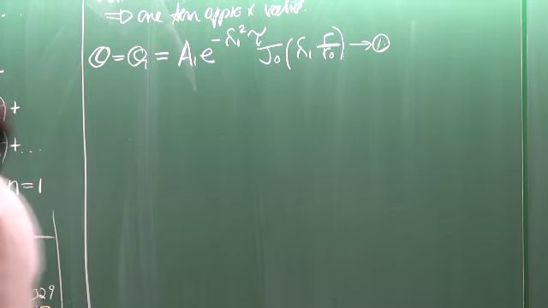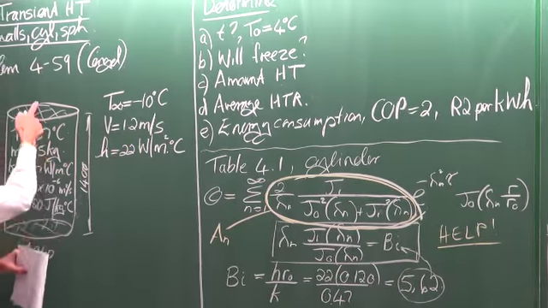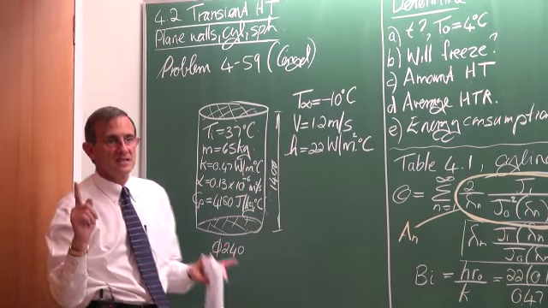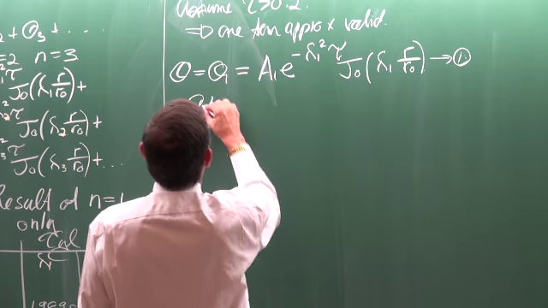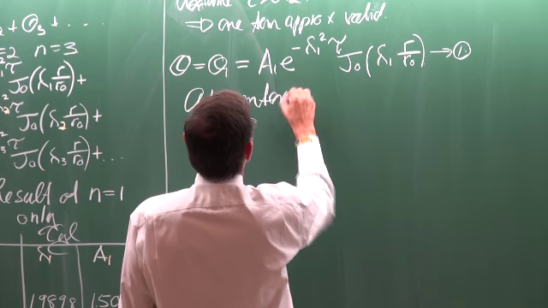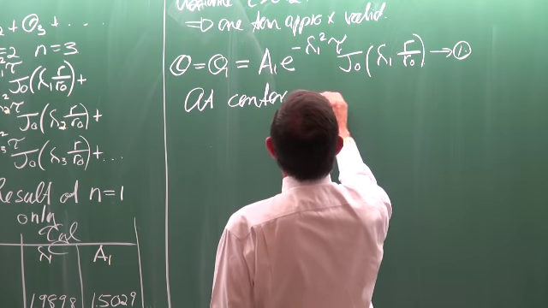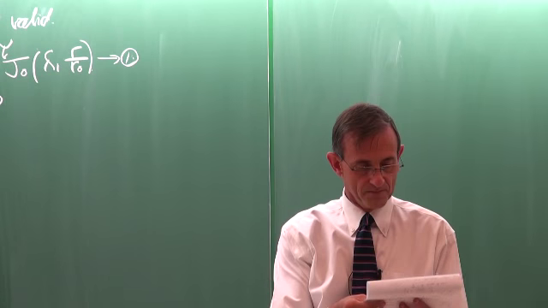If we look at this problem, they want us to determine the temperature at the center. Now, if we look at this equation, what happens at the center? At the center, R is equal to 0. You agree?